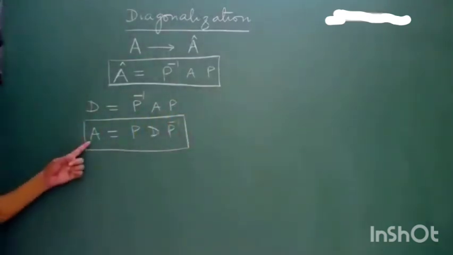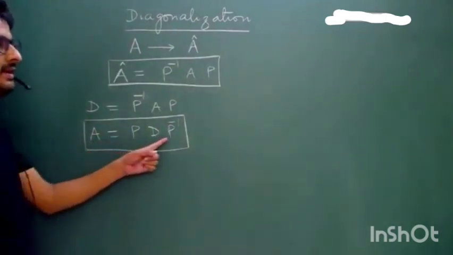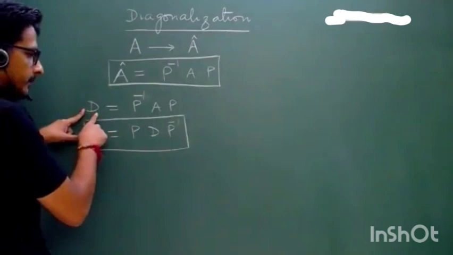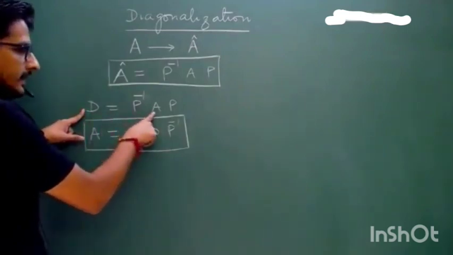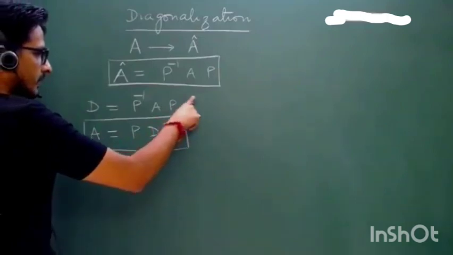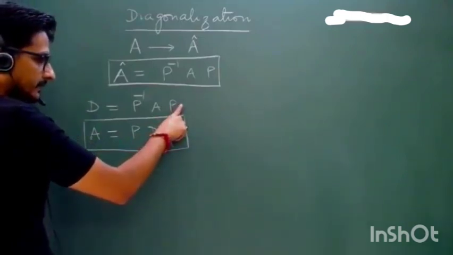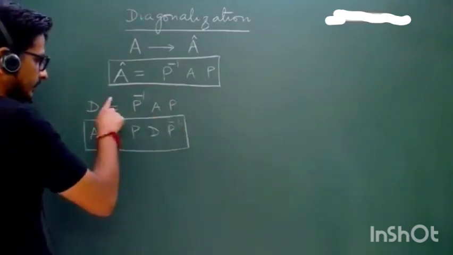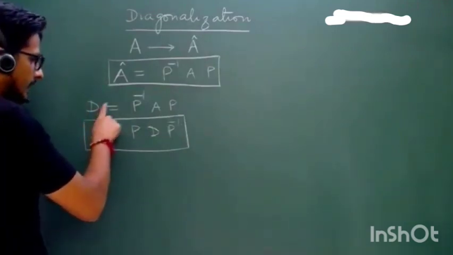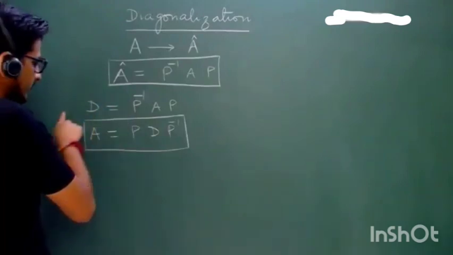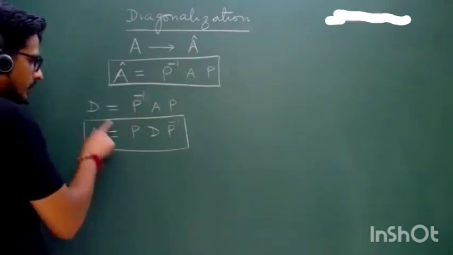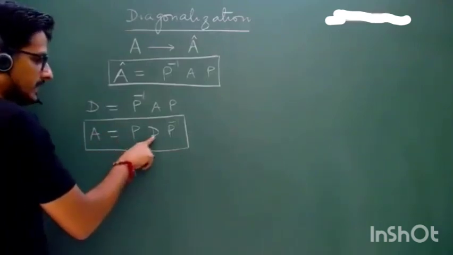So matrix A can be written as P D P inverse, because you see this is D and this is A. So you want A. What will you do? You will multiply P inverse from this side, so P inverse will come here, and then multiply P from this side. So you will get A is equal to P D P inverse.